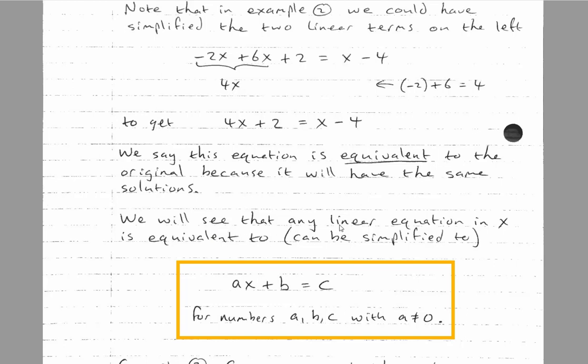So we'll see that any linear equation in x is equivalent to, can be simplified to, one that looks like this: ax plus b equals c, for some numbers a, b, and c, with a not equal to 0.